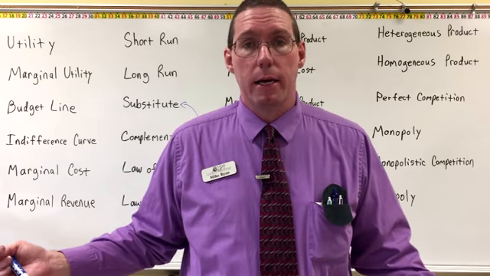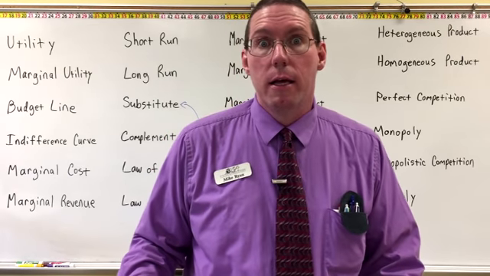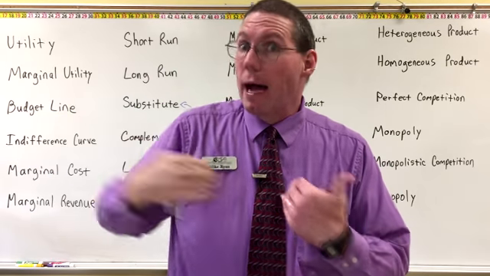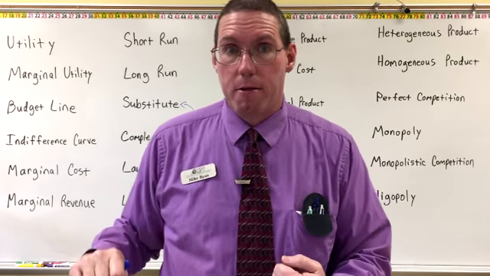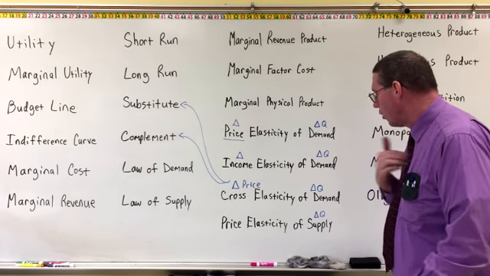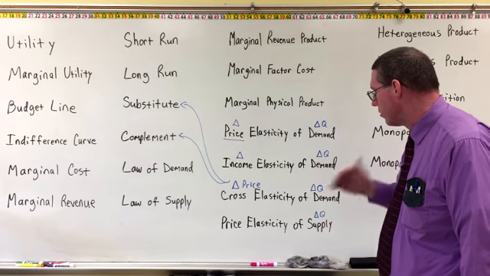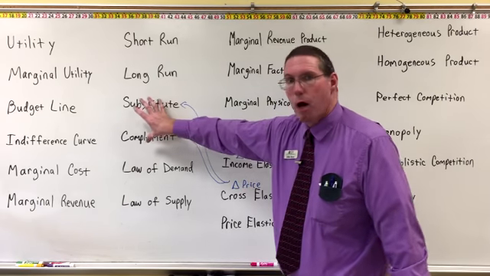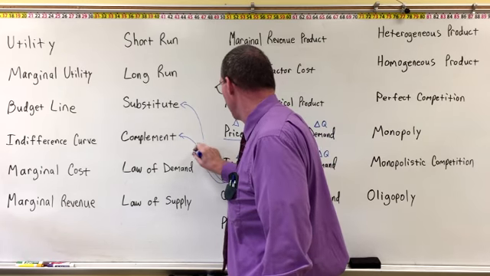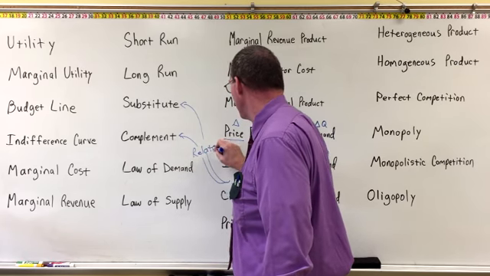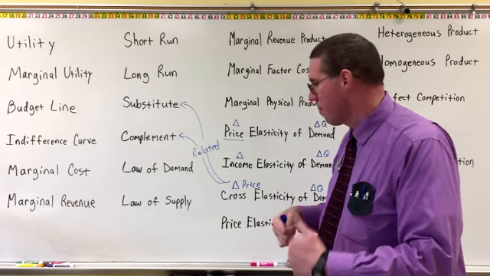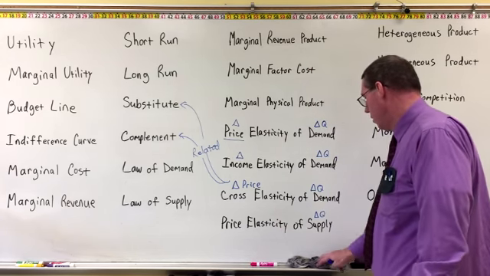That means they're unrelated. Or will they buy less jelly? Because if the price over there goes up, they're going to buy less peanut butter. If they buy less jelly, then that means they're complements. So how sensitive is the quantity demanded of our product if there's a price change in some other related product? Okay, so we're going to put the word related right in here. Related, price change in a related product, quantity demanded of our product. That's probably enough for you to know.